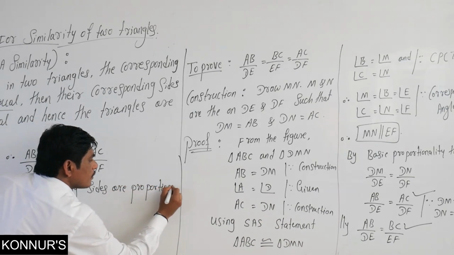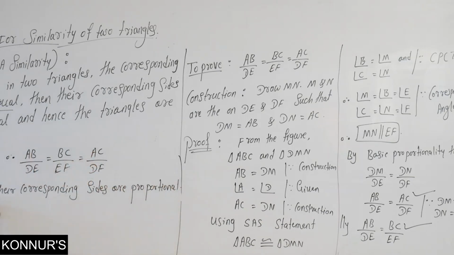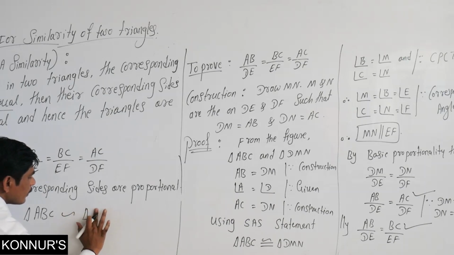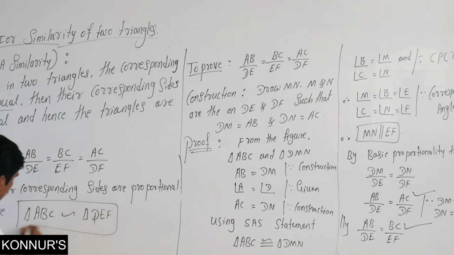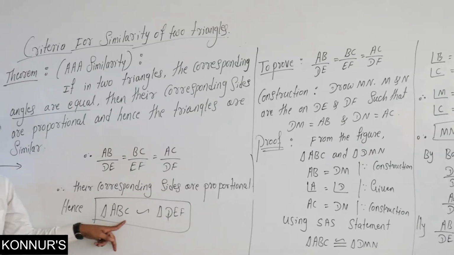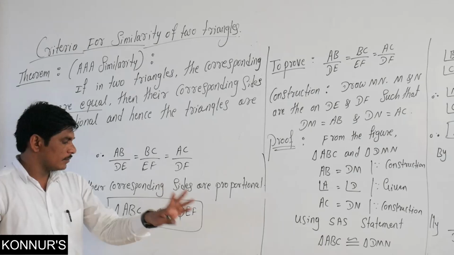Hence, triangle ABC is similar to triangle DEF, because according to the given, the corresponding angles are equal, and now we proved corresponding sides are proportional. These two conditions are true. The given two triangles ABC and DEF are similar.